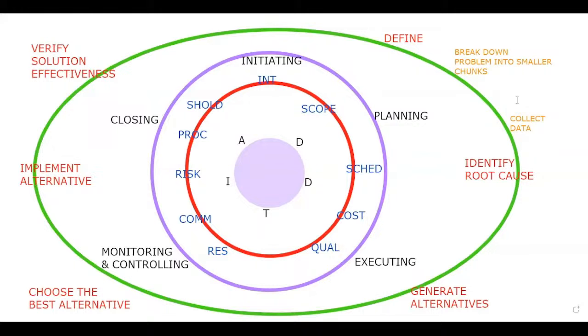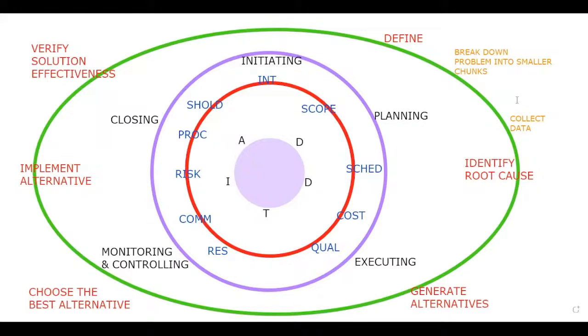Go through this again, and the method is going to be ingrained in you. So always define what the problem is, identify the root cause, generate the alternatives, choose the best alternative, and go back and say, if I do this in my head, does it look right? Does it sound right? And then verify once again. Always do a check. Did that make sense? Is that really what happens?